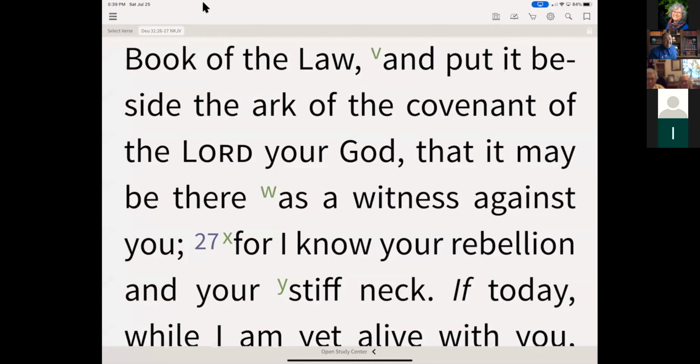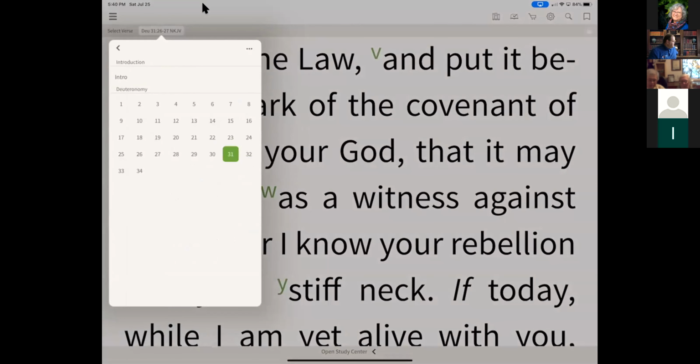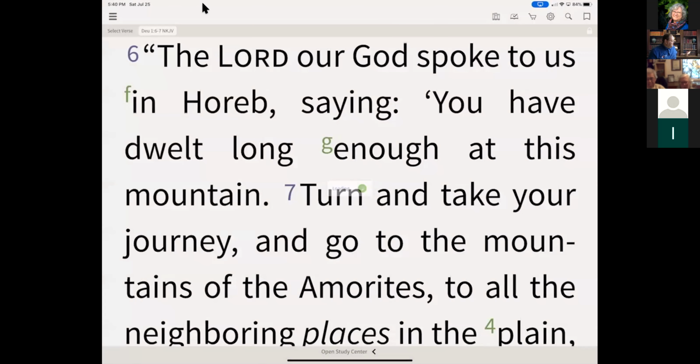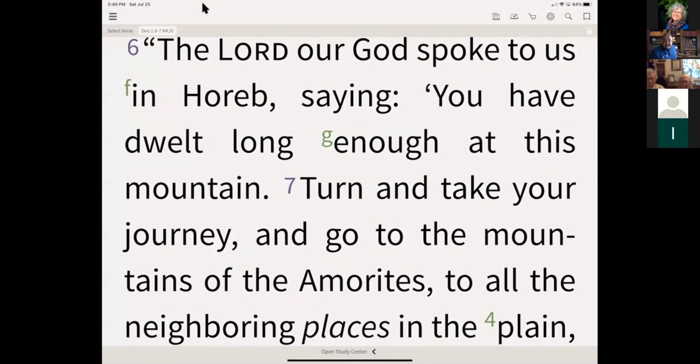And in the first chapter of the book of Deuteronomy, starting from verse 6, we see the narrative. First of all, it says that they were at Mount Horeb, which is Sinai.